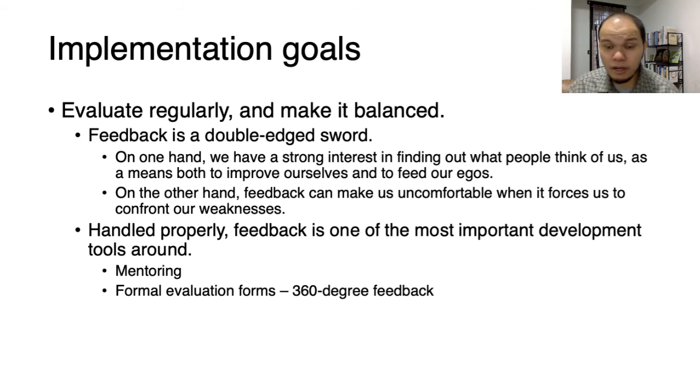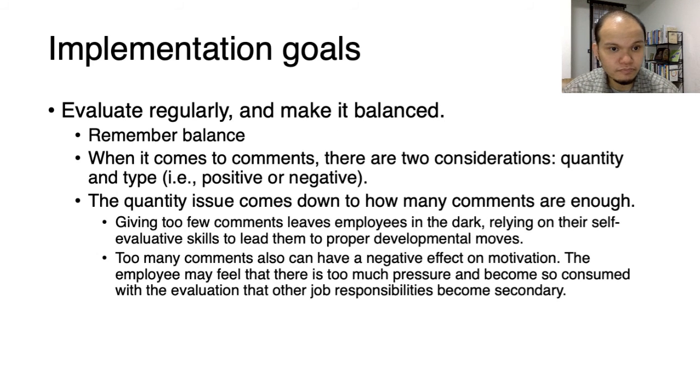And handled properly, feedback is one of the most important development tools around. In fact, mentoring is one form of a feedback mechanism. Formal evaluation tools, the 360-degree feedback, is also another tool that you can use for evaluation purposes. And remember, when it comes to feedback, make sure that it's balanced.